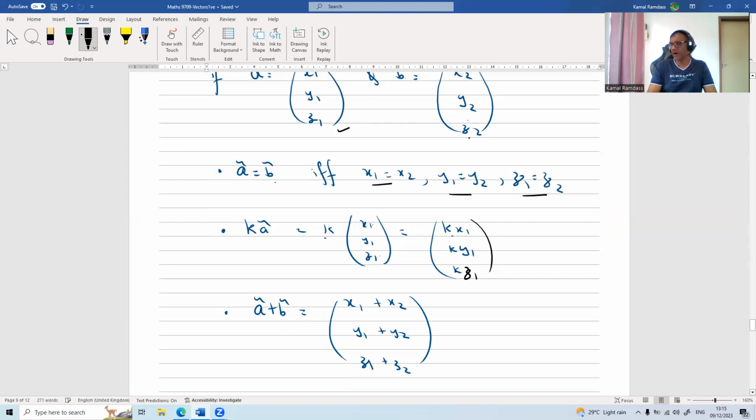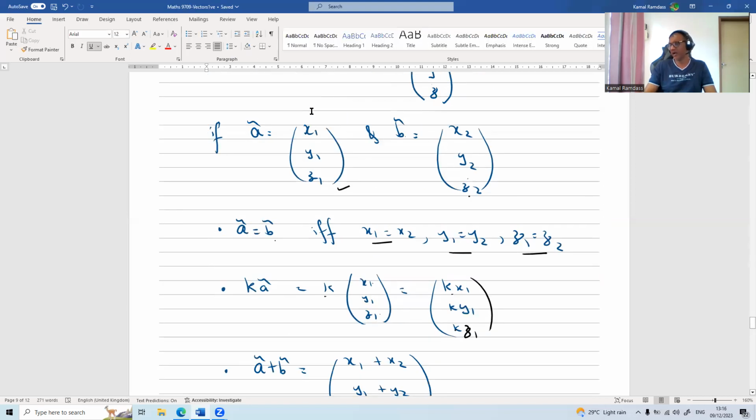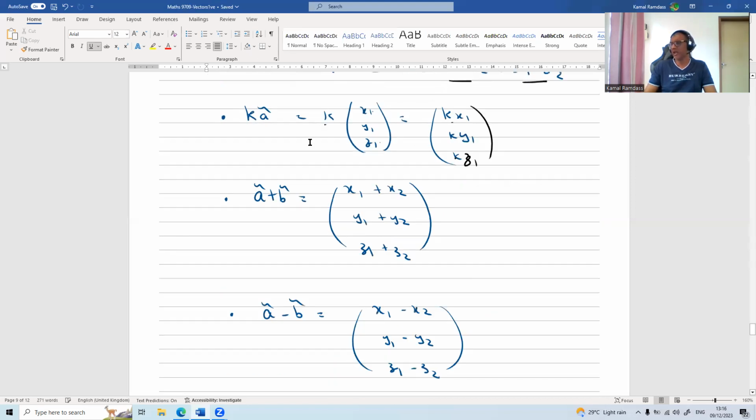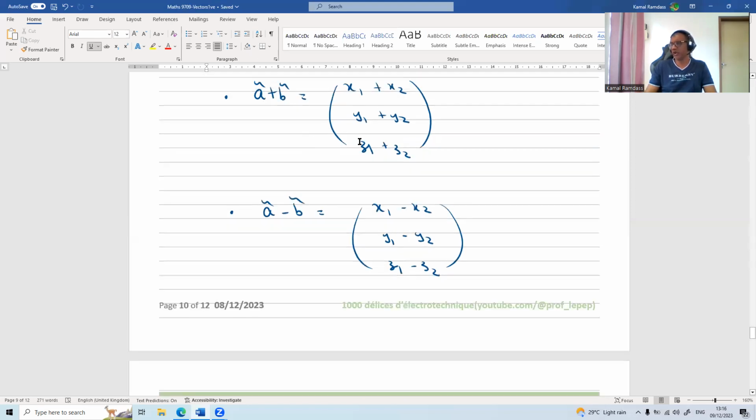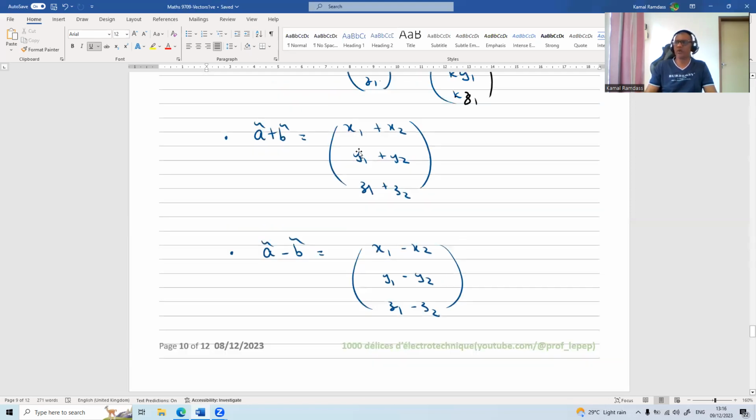A bar plus B bar, eh bien, nous prenons tout X vecteur, Y vecteur, Z vecteur, nous ajoutons ensemble: x1 plus x2, y1 plus y2, z1 plus z2. Et A bar minus B bar, nous prenons même affaire. X vecteur, nous retirer, Y vecteur, nous retirer, Z vector, nous retirer independently, parce que they are 90 degrees apart. They do not affect each other.